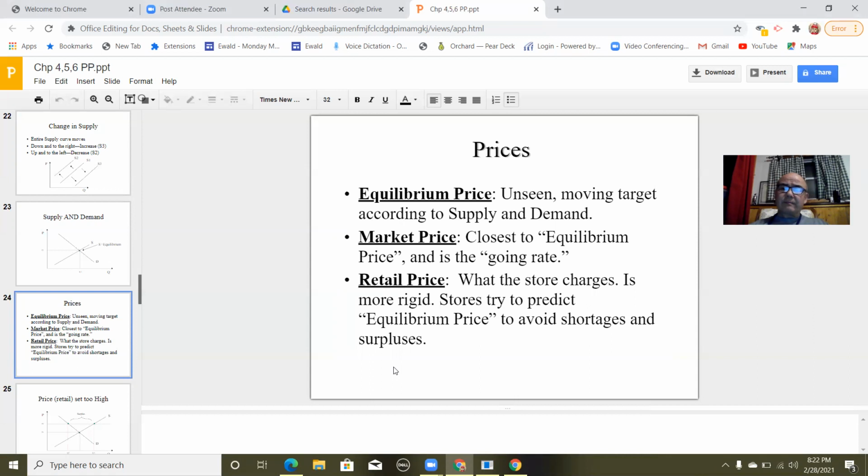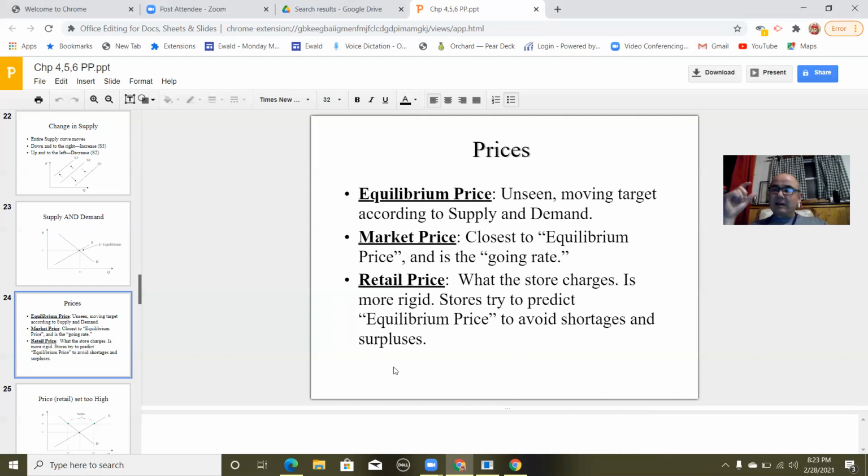What's the perfect price? That's why when you walk into a Walmart, more than any other store, you're not going to see very many round numbers. Very rarely will you walk into a Walmart and see a price like $5 or $1. Usually it's like $1.29, or in the case of a broom, maybe 9.52, something like that, because they work it right down to the penny on what the retail price should be.